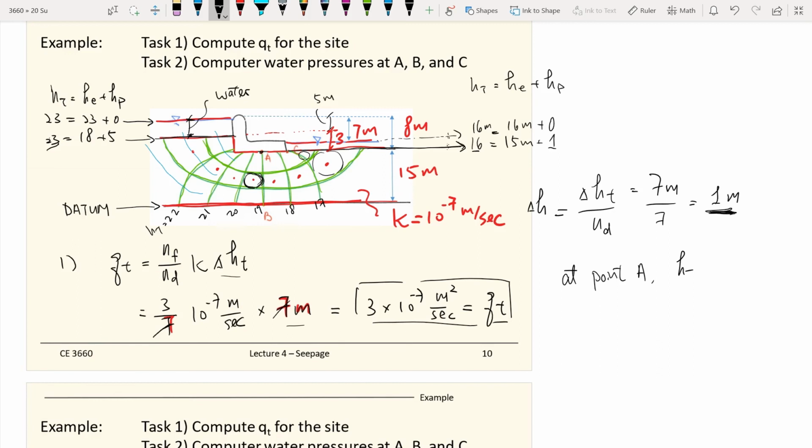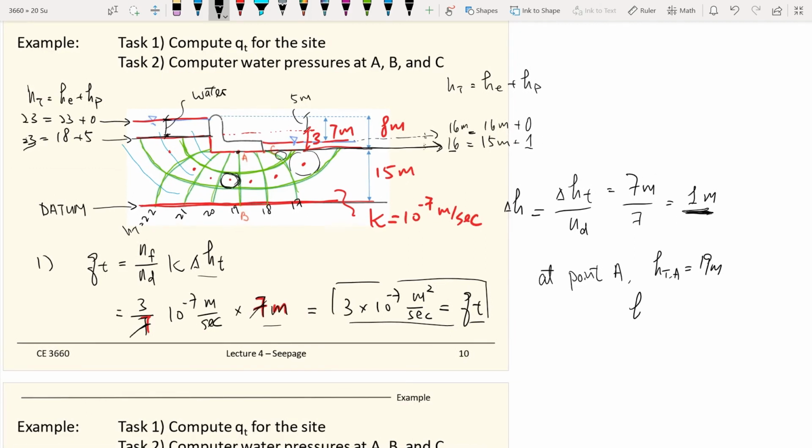So at point A, the total head is 19 meters, and we know that the total head is equal to the elevation head plus the potential head.